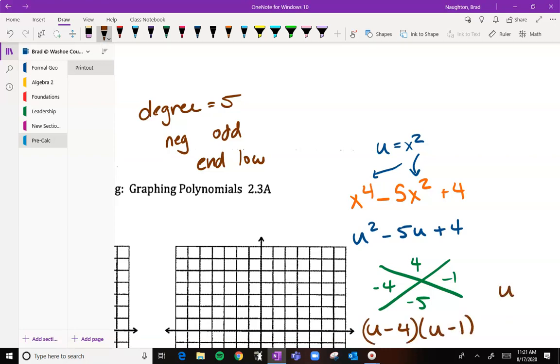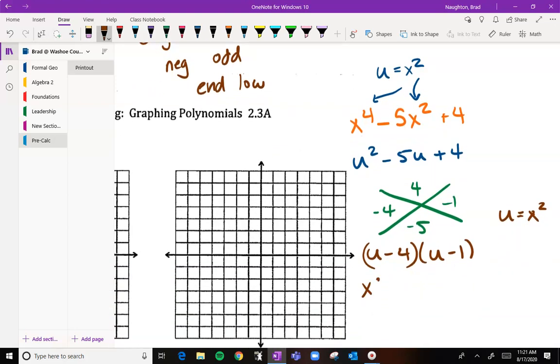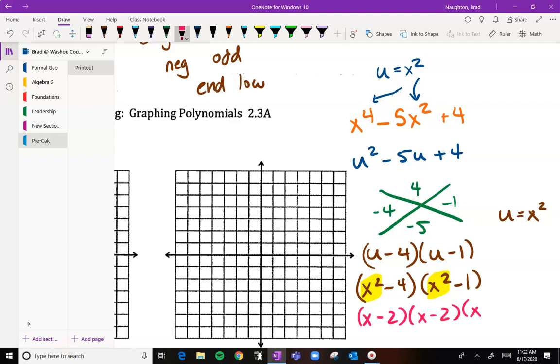Well, what was U again? U was x squared. So then we get x squared minus 4, x squared minus 1. Spidey sense should be going off because those are x squareds. Look for perfect squares. So x minus 2, x plus 2, x minus 1, x plus 1, because they're perfect squares.